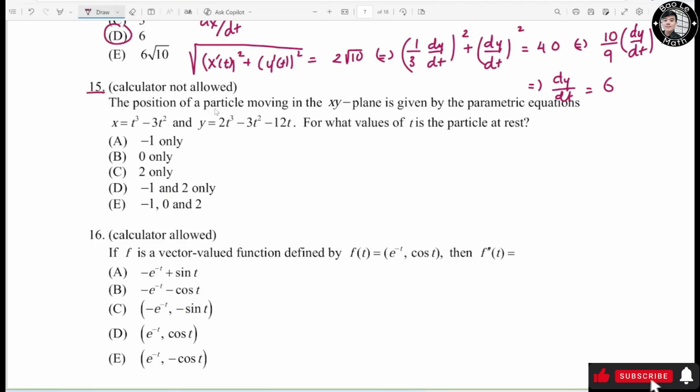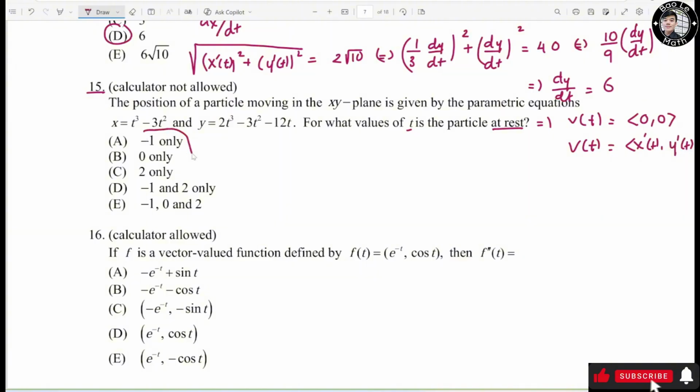The position of a particle moving in the xy plane is given by the parametric equations s and y. For what values of t is the particle at rest, which means velocity equals 0, right? Velocity is going to be s prime of t, y prime of t, right?